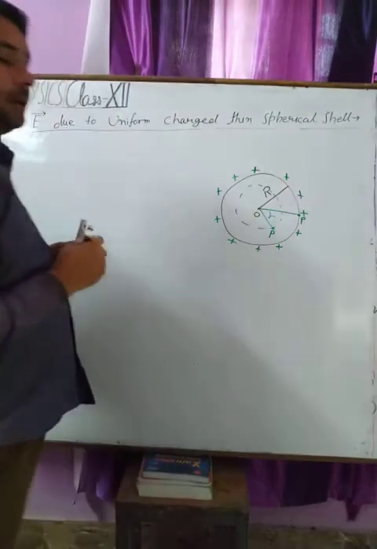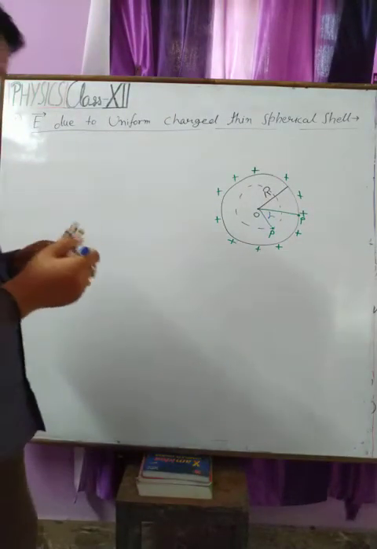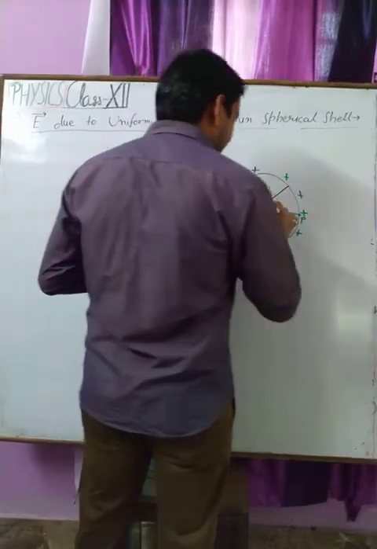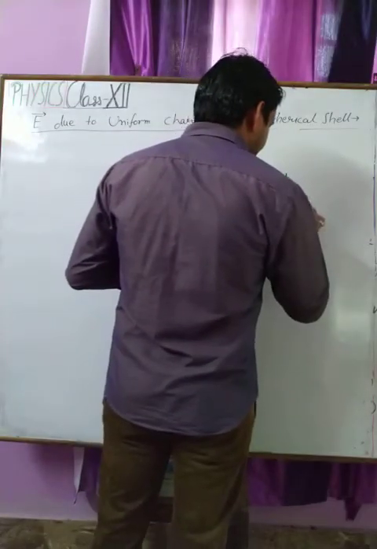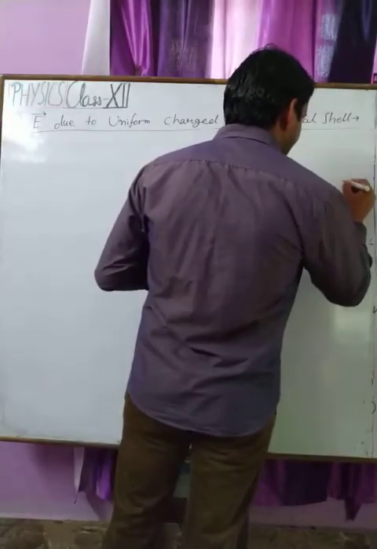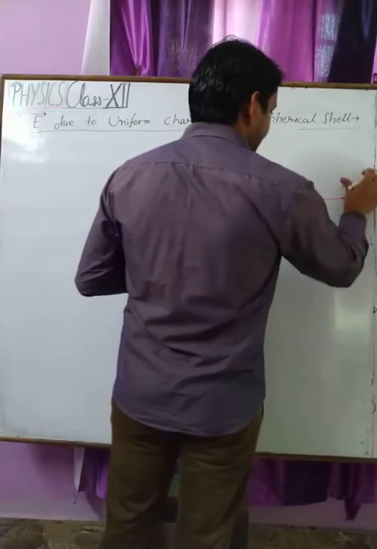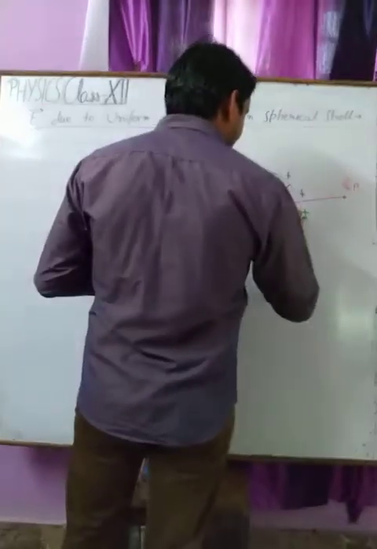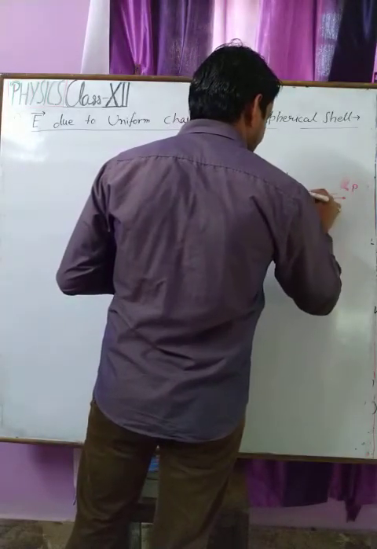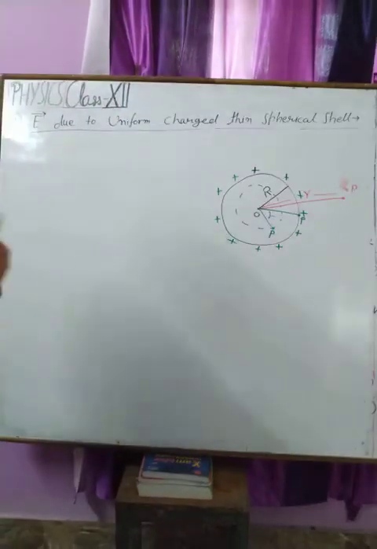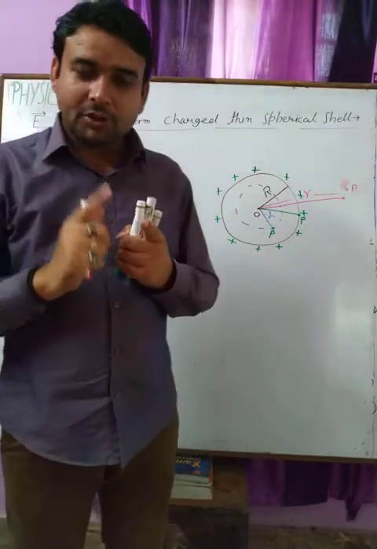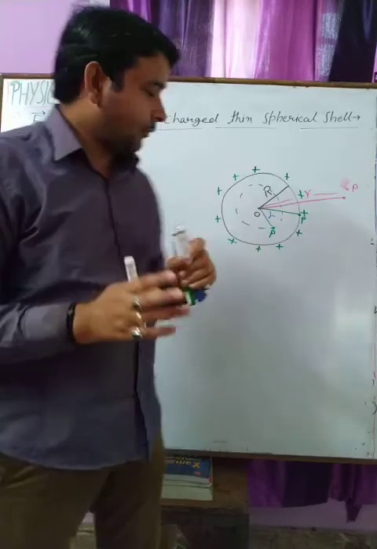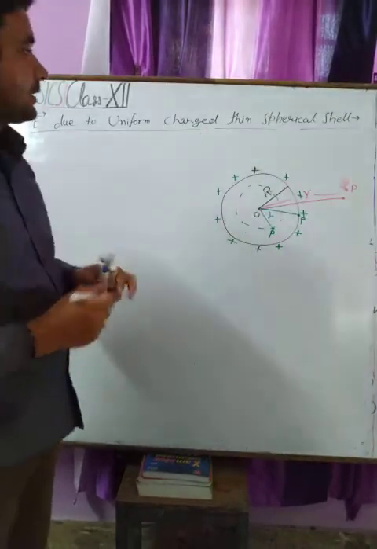And we also calculate the electric field due to this shell when the point P is outside the surface. So we have three points at which we calculate the electric field due to this thin spherical surface.